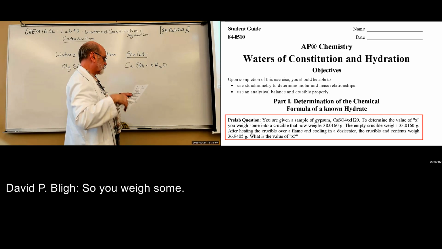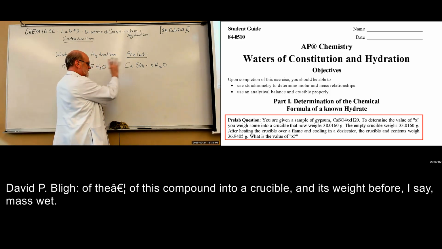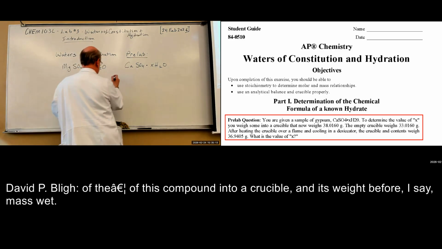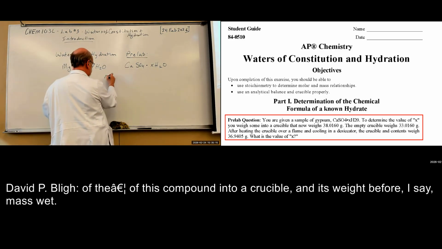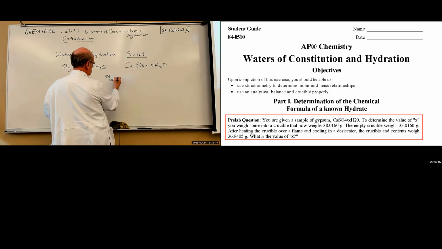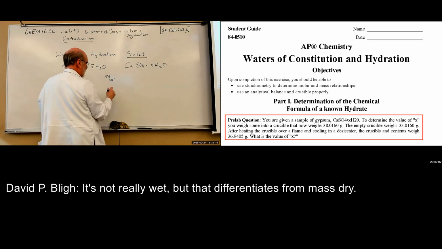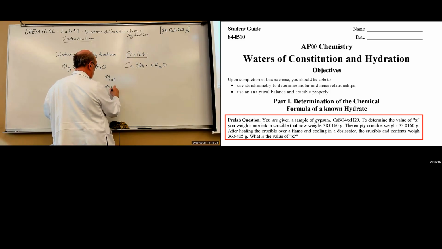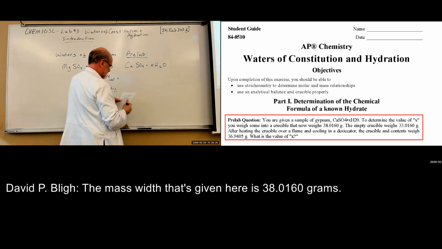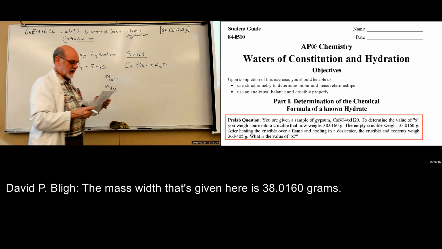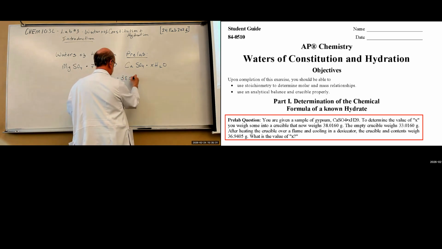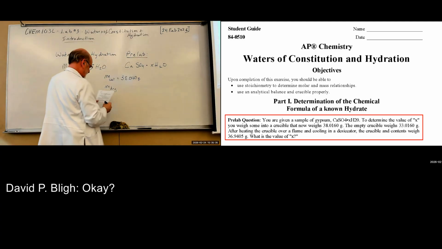So you weigh some of this compound into a crucible, and its weight before, I say mass wet. It's not really wet, but that differentiates from mass dry. The mass wet that's given here is 38.0160 grams. Okay.